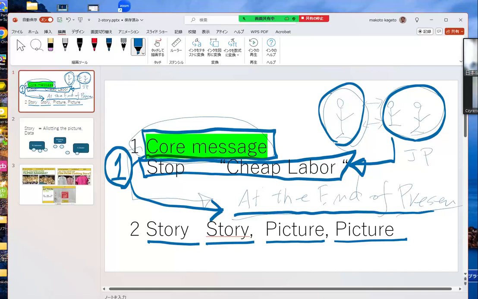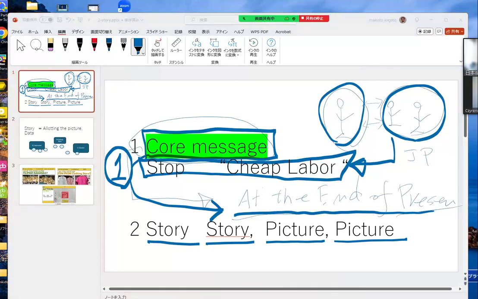So in our case, Reika, Miyu, and I decided to talk about cheap labor. We aim to stop cheap labor. Now, this is actually a difficult topic, but we want to simplify it.